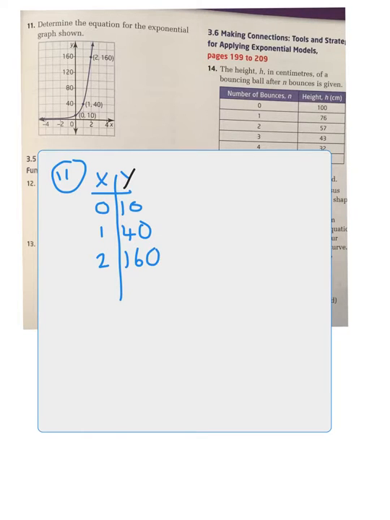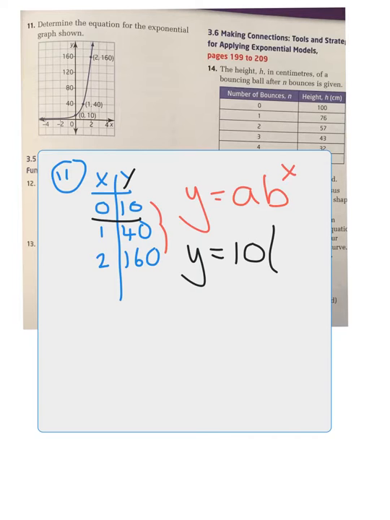Is it exponential? Yes, these y values are multiplying by 4. So we look at the function a b to the power x. Well, the a value is going to be the initial point when x is 0, so that's 10. Y equals 10. B is what we're powering up each time, so 4 to the power x.